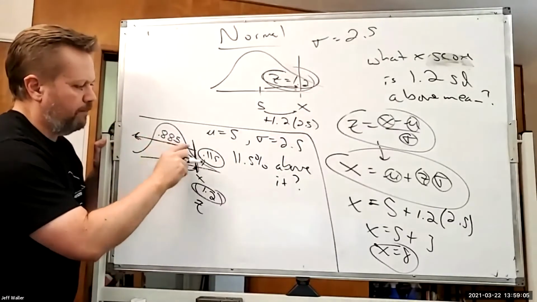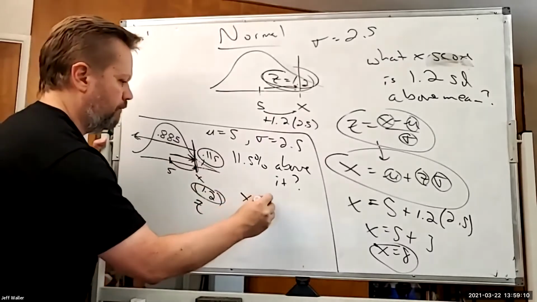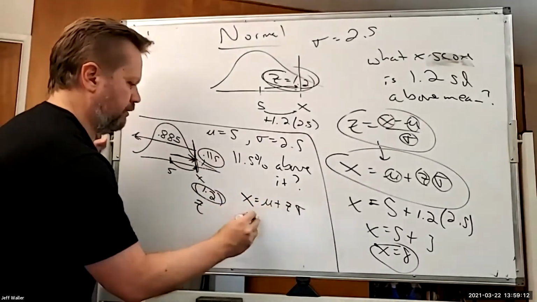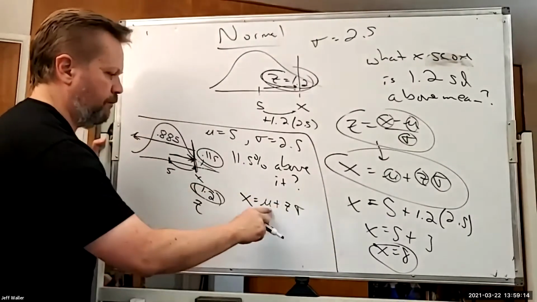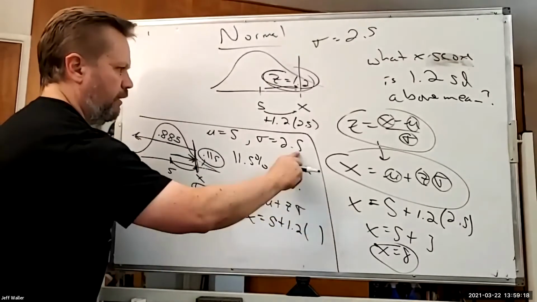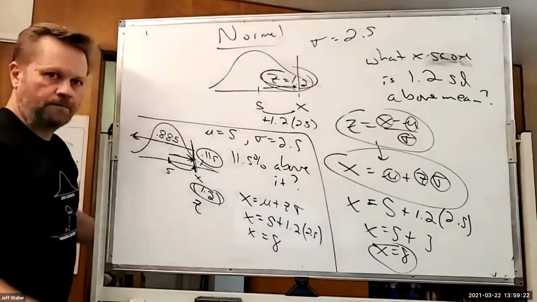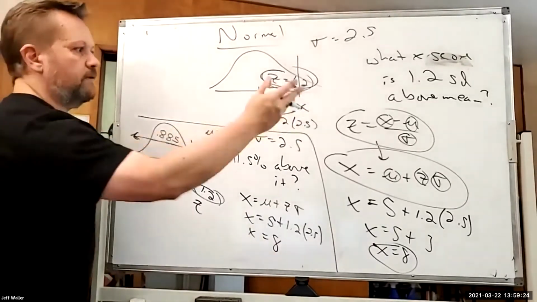When I looked that up, I got 1.2. Now I can do the formula. That's what I mean. The answer is going to be 8 again, because it's going to be the same work. It's the mean, go up 1.2 of these. So it's still 8. So in a sense, these are the same problem.